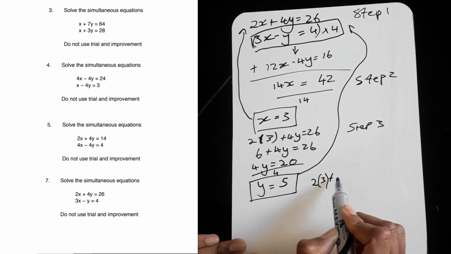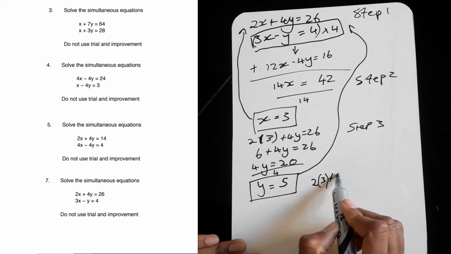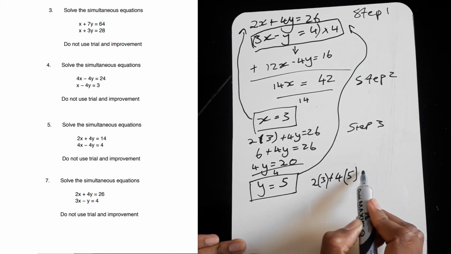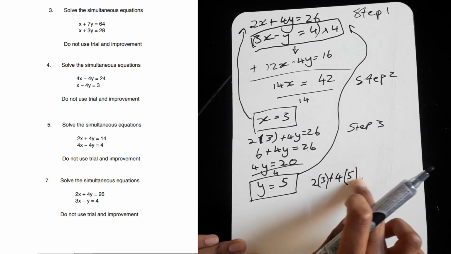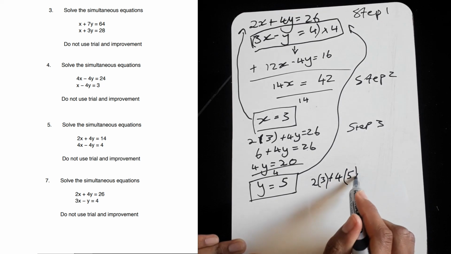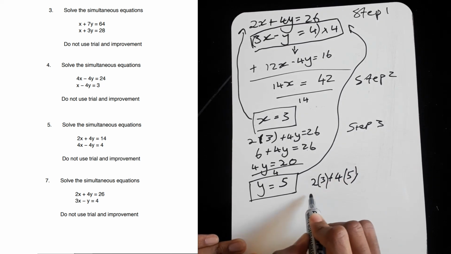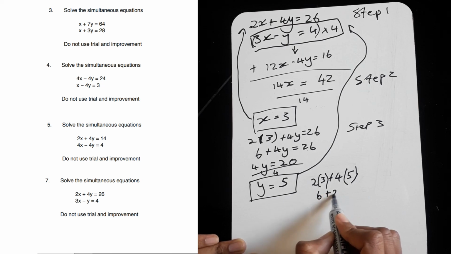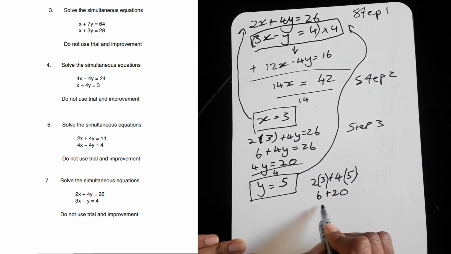And then plus 4 times 5 equals, okay, wait, yeah, expand the brackets and it's going to be 6 plus 20, which equals 26.